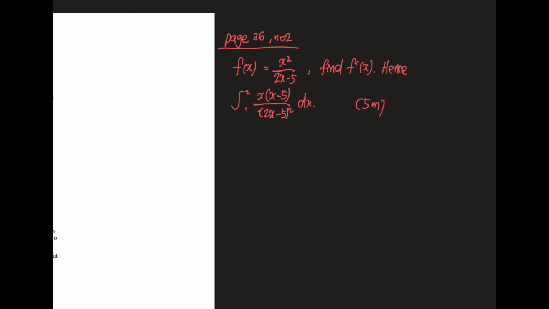In order to do this, we have to do differentiation. We have to use the quotient rule. We let the numerator be u, the denominator be v.